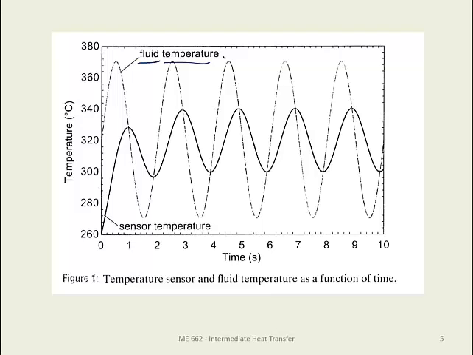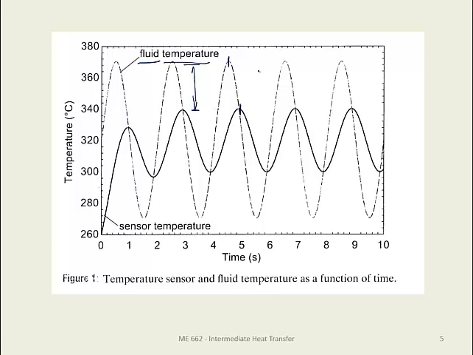It is significantly different, and it has to do with the thermal capacity of the sensor, that it can't follow this quick temperature cycling of the free stream temperature. We can see that there's going to be an amplitude difference, but you can also see that there is a phase shift. So the sensor lags the actual temperature variation.